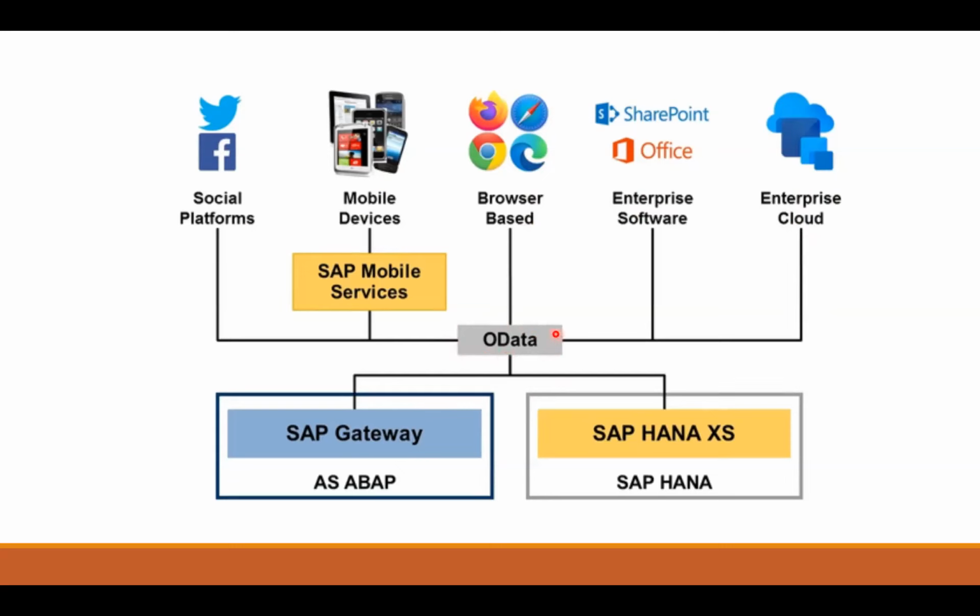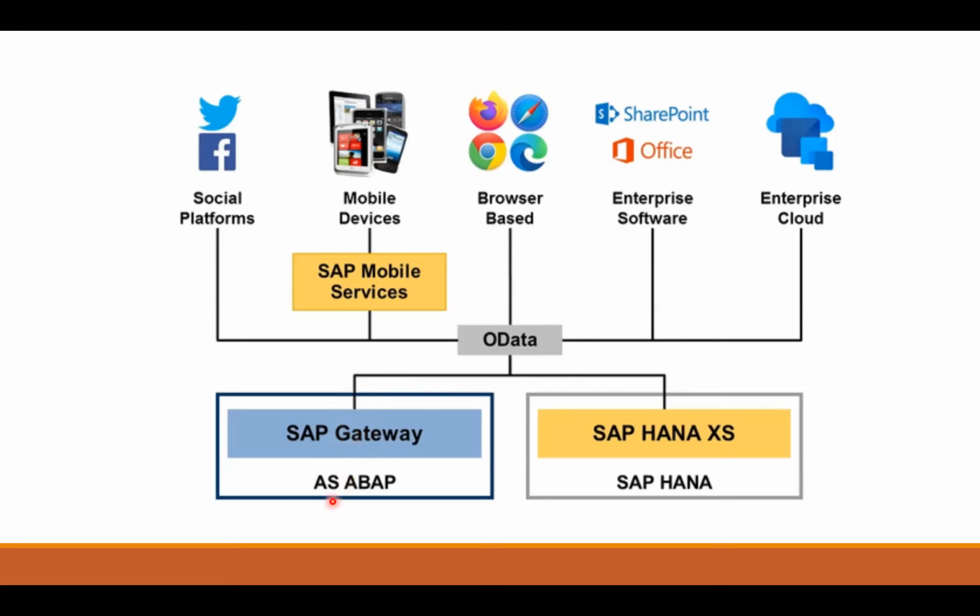OData will be the communication, and from this OData publication, it could be a gateway and a web server behind it. So this could be one of the ways of developing OData services, which we are working extensively on.